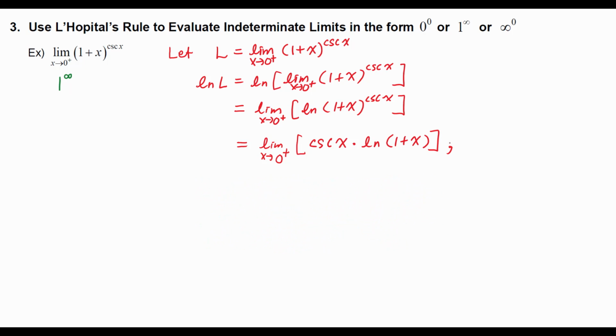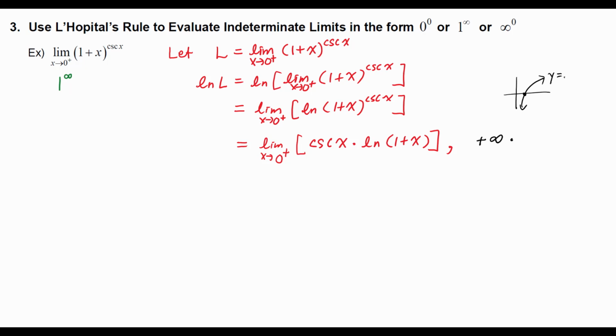And you want to check what kind of form you have now. So if you were to plug 0 from the right, cosecant of 0 from the positive, remember that was positive infinity times ln of 1 plus 0. And remember, this is what the ln function looks like.